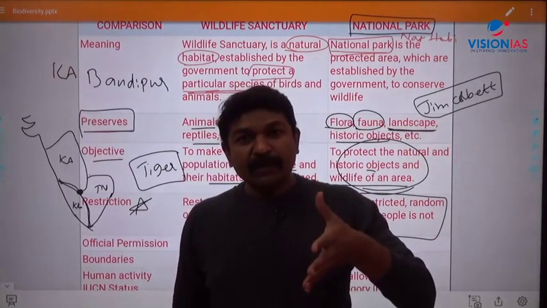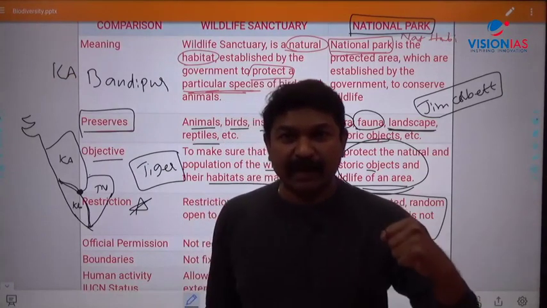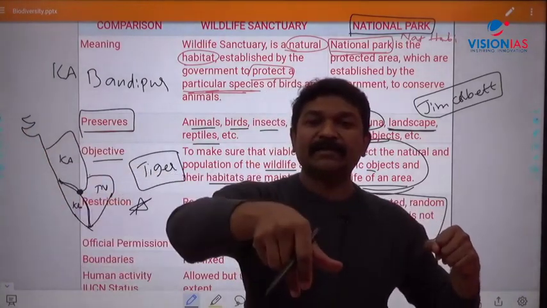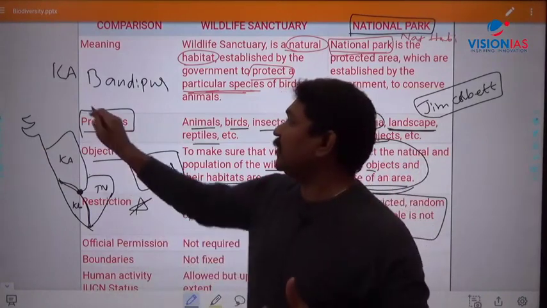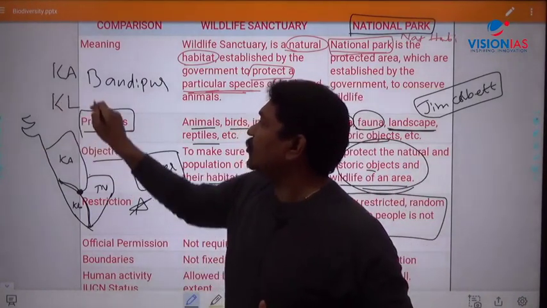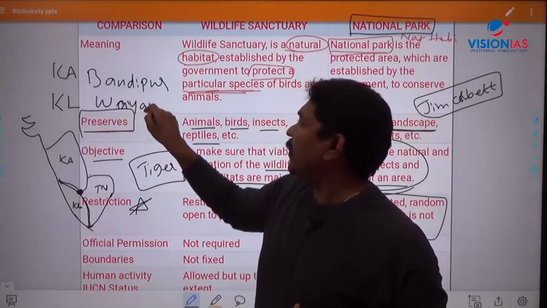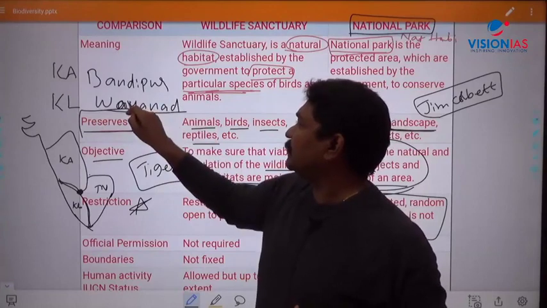From the Bandipur Tiger Reserve, there is a passage into the state of Kerala. If you move along the Bandipur Tiger Reserve, you will enter Kerala, and the tiger reserve present in Kerala is called Wayanad. W-A-Y-A-N-A-D. Wayanad Tiger Reserve.